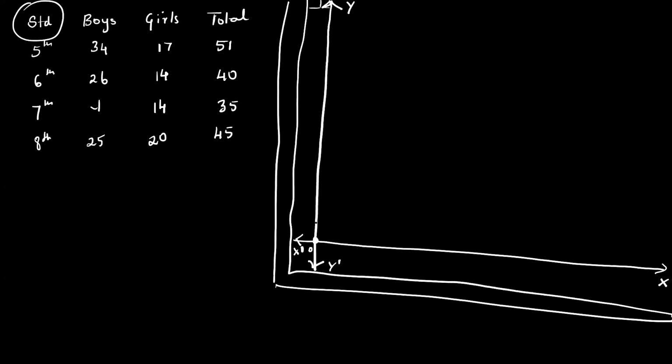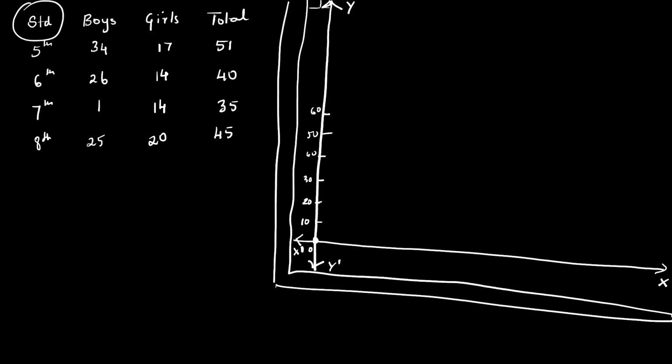So every box is 1 centimeter. We'll write it that way: 10, 20, 30, 40, 50, and the highest value is 51. So let's go till 60.